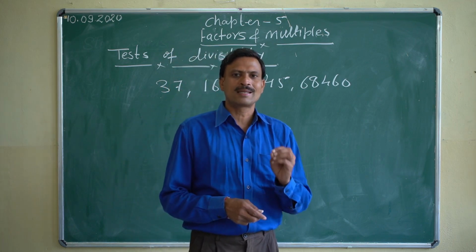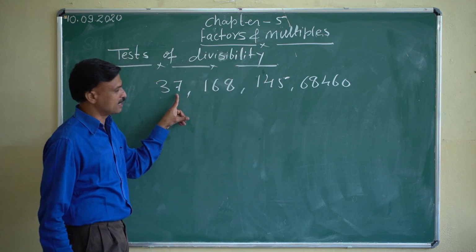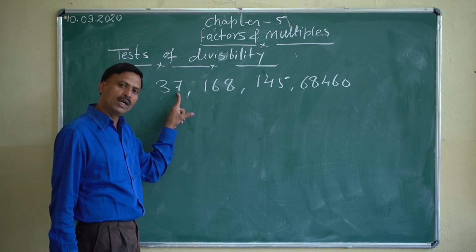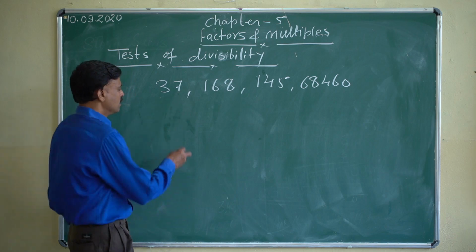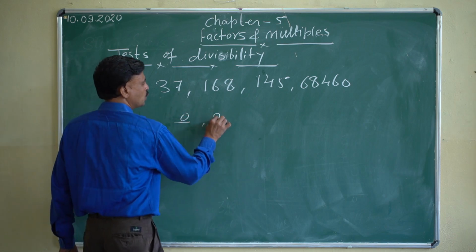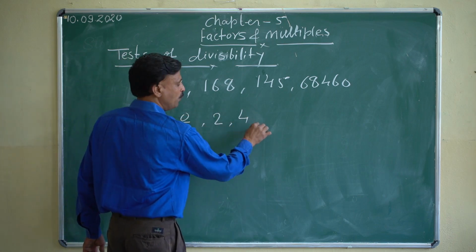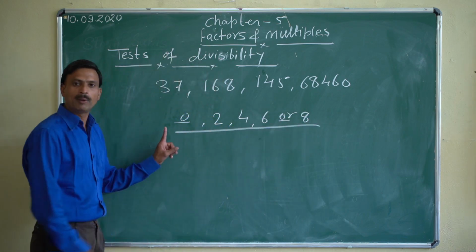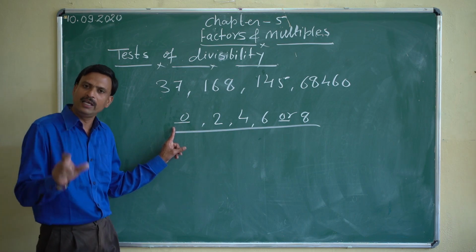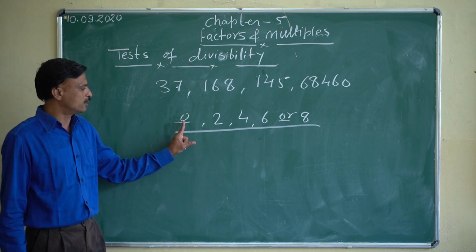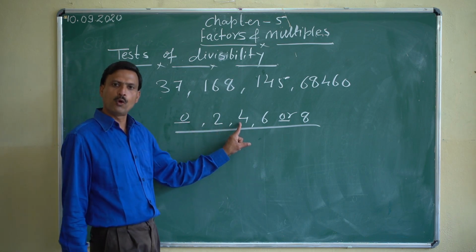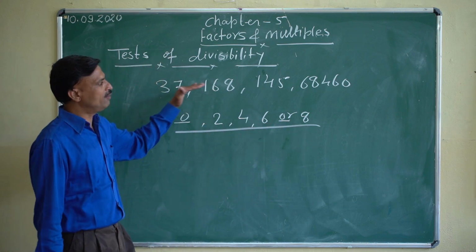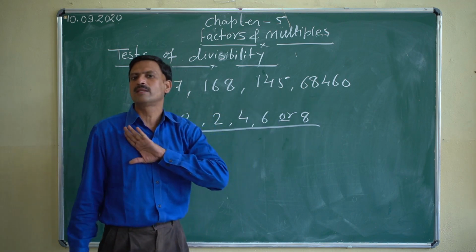The rule is: if the unit place digit of the number is 0, 2, 4, 6 or 8, then the number will be divisible by 2, otherwise not.